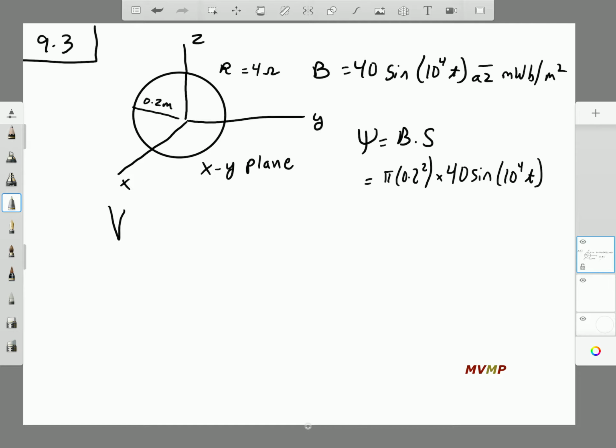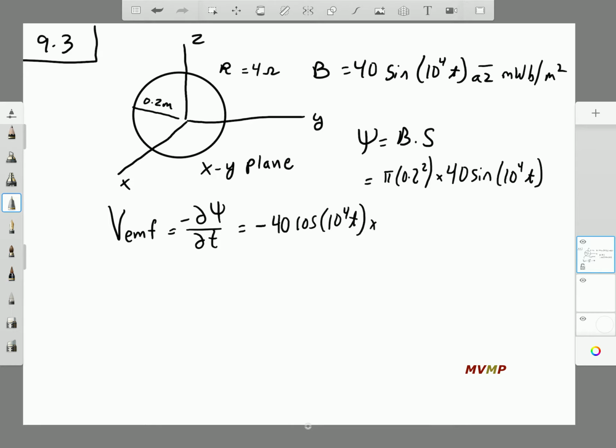Now we are going to use Faraday's law, VEMF, which is just the negative derivative of the flux with respect to time. We take the derivative of sine, which is just cosine, so the negative sticks around, so it will be 40 cosine 10 to the 4t.